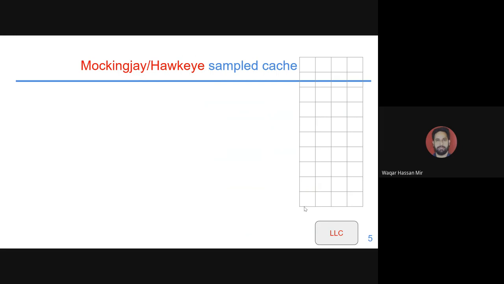Let's assume this is the actual last level cache, having 2048 sets and 16-way set associativity.